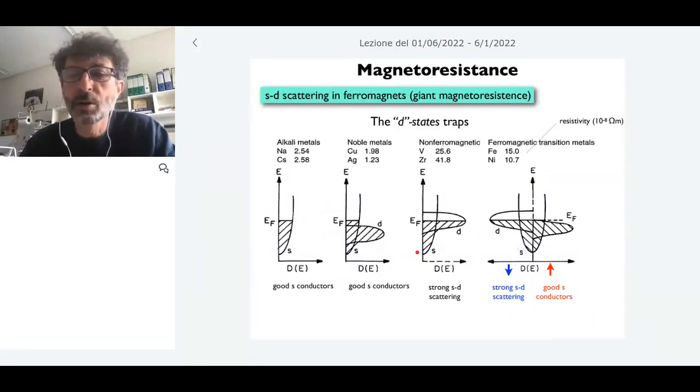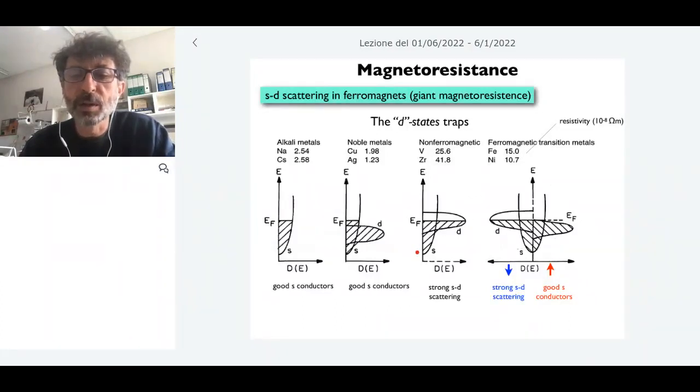They can go wherever they want. So there is an association between large density of states and localization. The d electrons are very much localized. This explains why vanadium, zirconium, and many elements in the middle of the transition metals do not conduct electricity very well, because you have the superposition of the S and D.